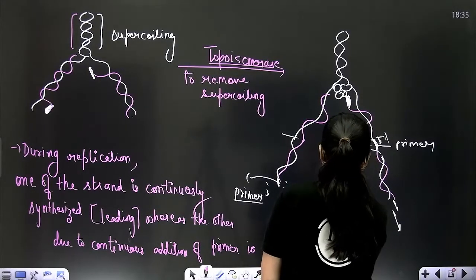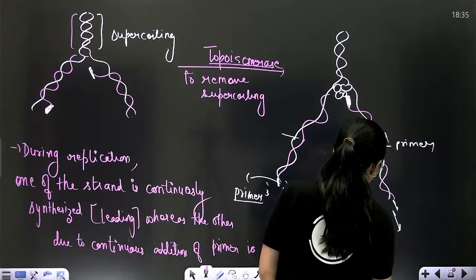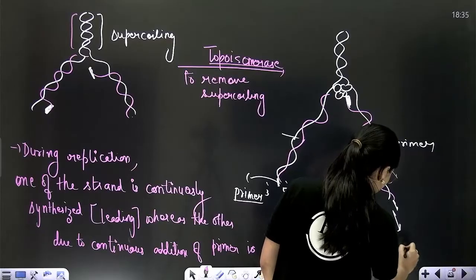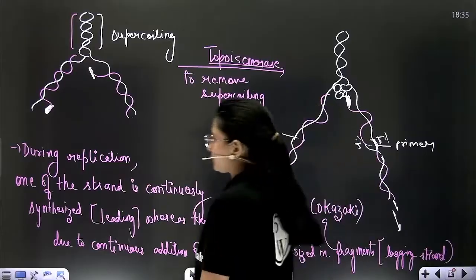These fragments are called Okazaki fragments because they were discovered by Okazaki, and such a strand is known as the lagging strand.